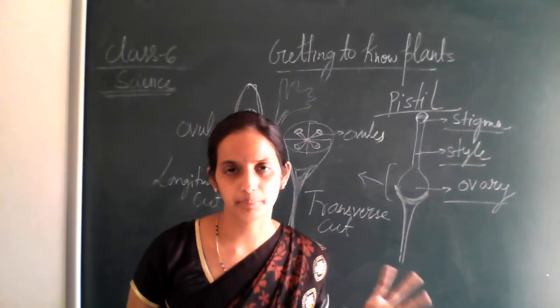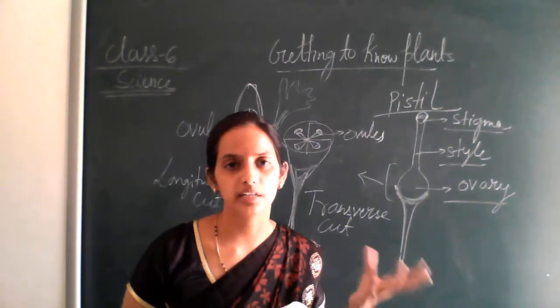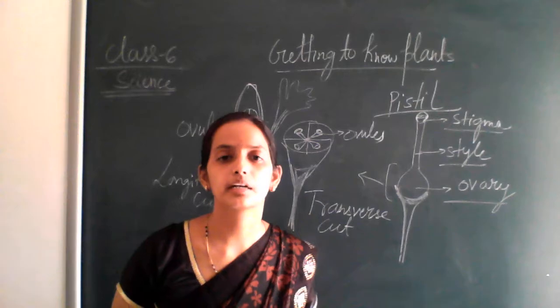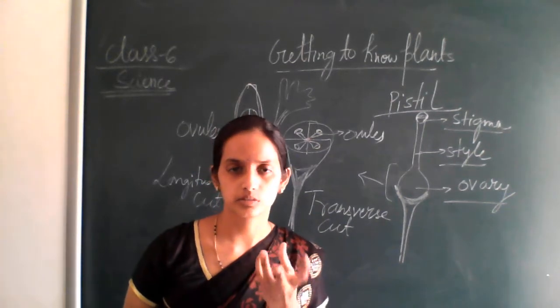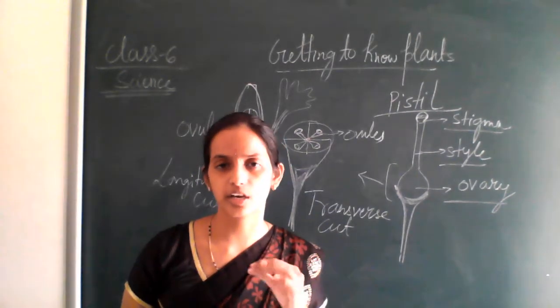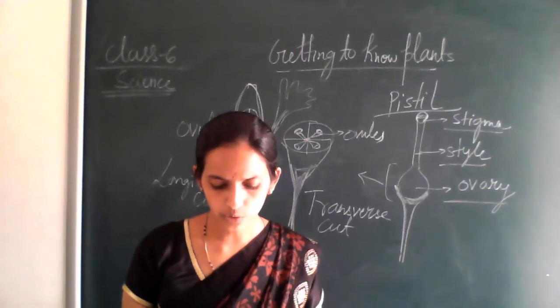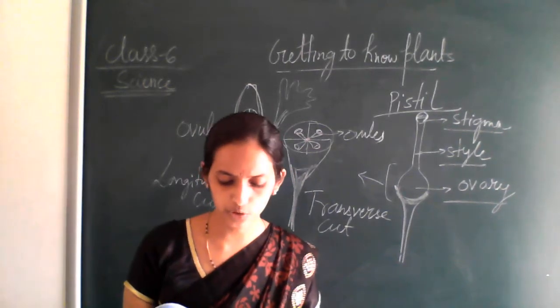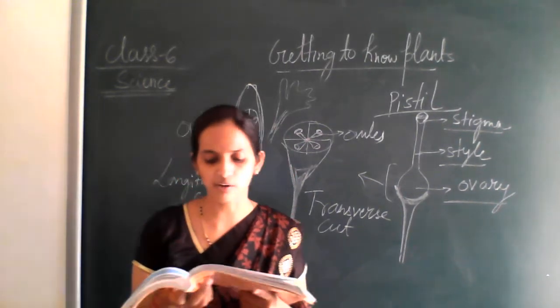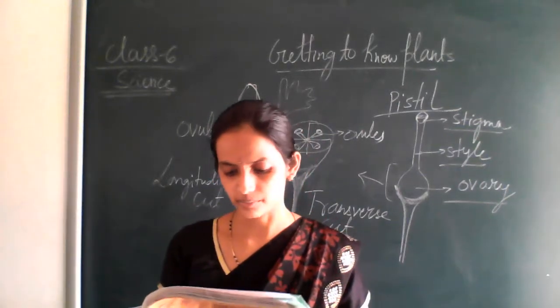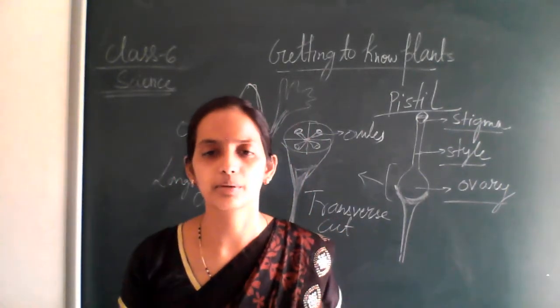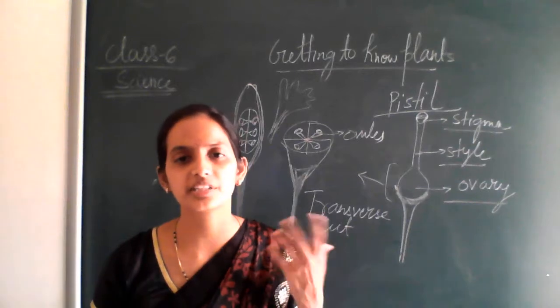In some plants sepals may be absent, in some plants petals are joined, in some plants petals may be different, they are not joined. So do you now agree that the structure of the flower is not always the same? Every plant has a different arrangement of these structures.